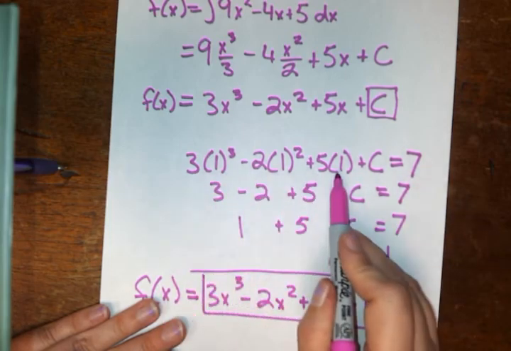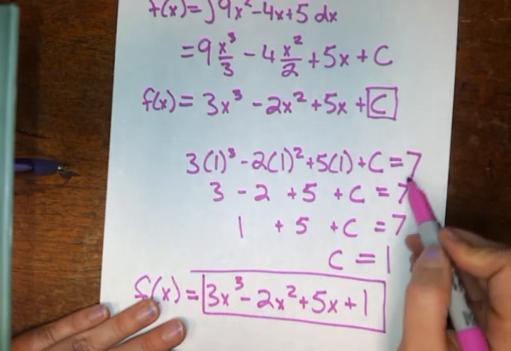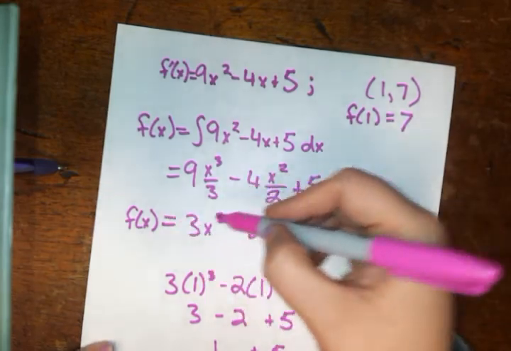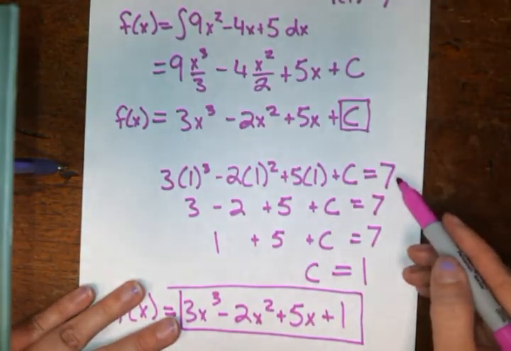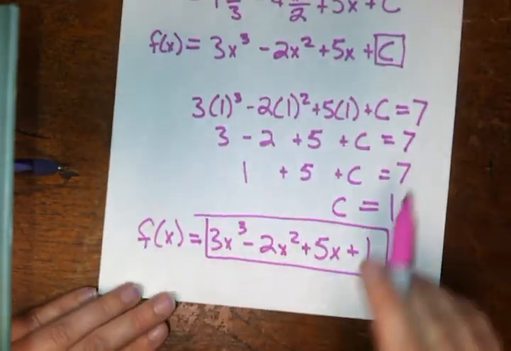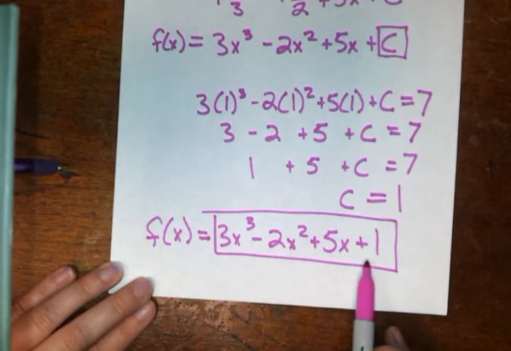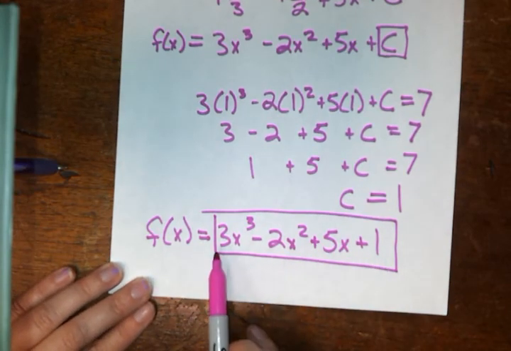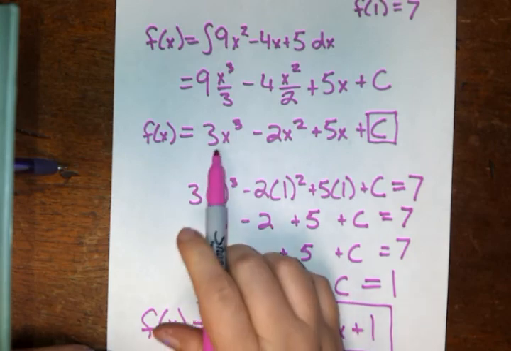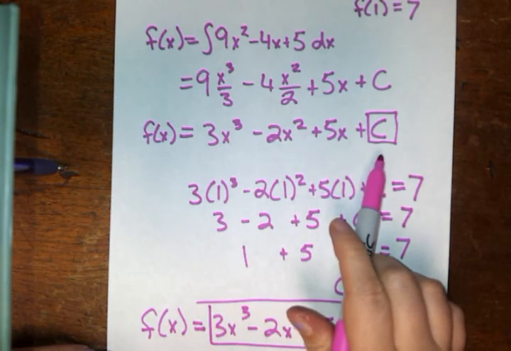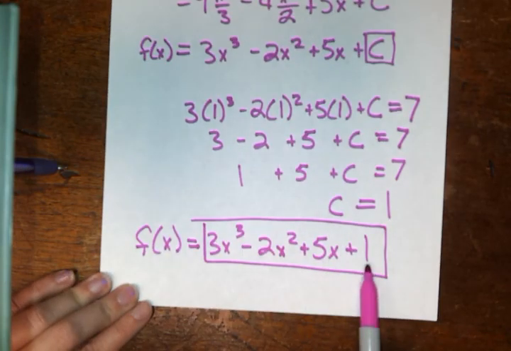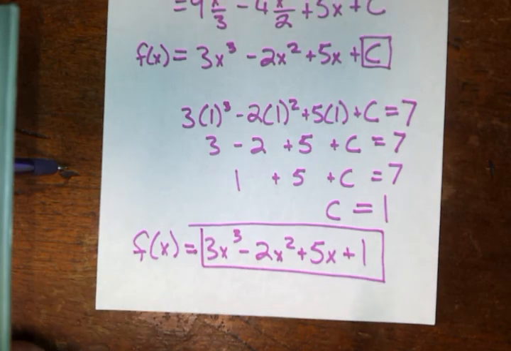We just said that if you take f of x and plug in 1, it's going to equal 7. Do the math, solve for c, and that gives you the last piece of the puzzle. So whatever you found earlier in your antiderivative, you're going to copy that down, and then instead of c, we know that c equals 1, so you're going to put that 1 in as well.